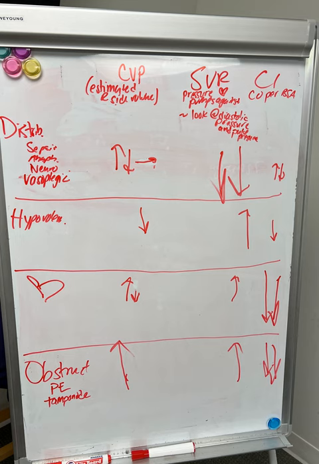So what we do is estimate left ventricular end diastolic pressure by the pulmonary artery capillary wedge pressure, which is estimated by the pulmonary vein pressure, which is estimated by left atrial pressure, which is estimated by CVP.